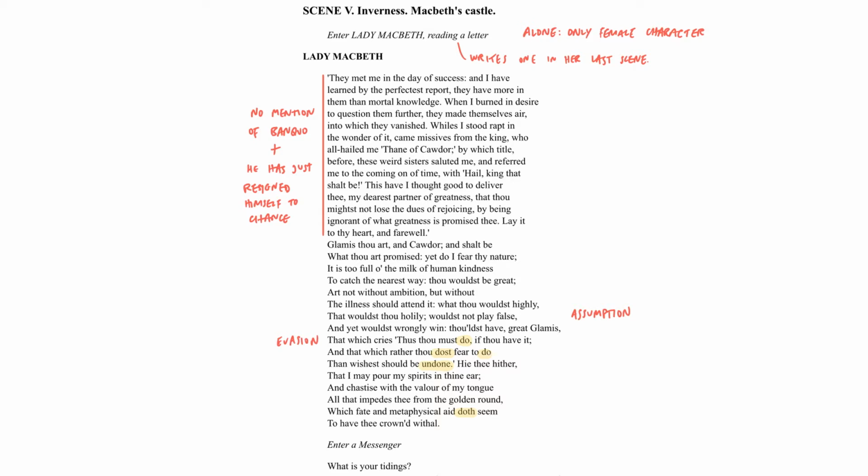Meaning he's extremely ambitious. Yet, there's a problem, because he's without the illness that should attend it. So ambition needs illness to go alongside it. The language used here, illness, is intriguing, isn't it? Traditionally in tragedy, the downfall of the protagonist is due to a character flaw, or a hamartia, according to Aristotle's scheme.